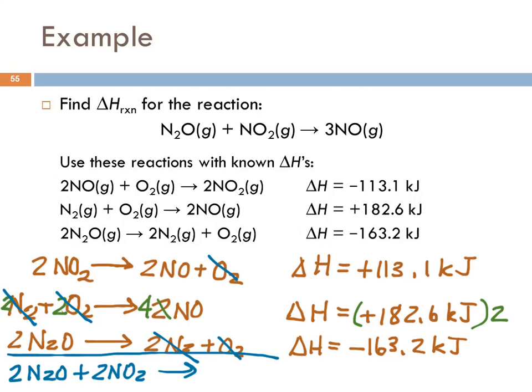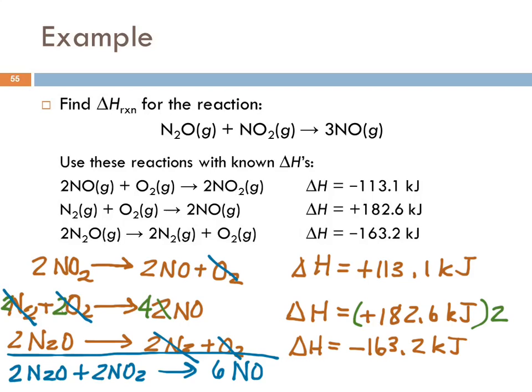And on the right, how many NOs do I have? 6. I've got 4 here and 2 there. So that's 6 NOs. Now that looks like this one. It's really close to this, isn't it? How's it different? It's multiplied by 2.